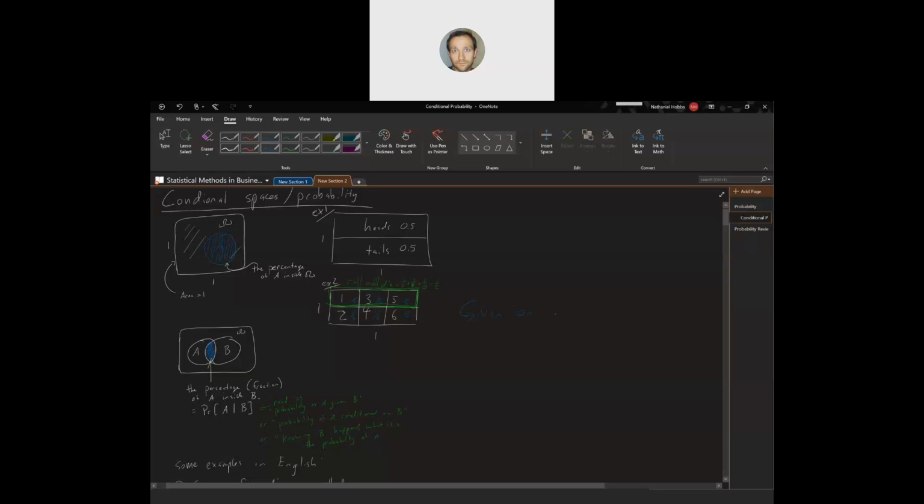Given an odd die roll, what's the probability of it being 1? I'll give you a minute to think about it. If you think you know, you can either unmute yourself or type in the chat.